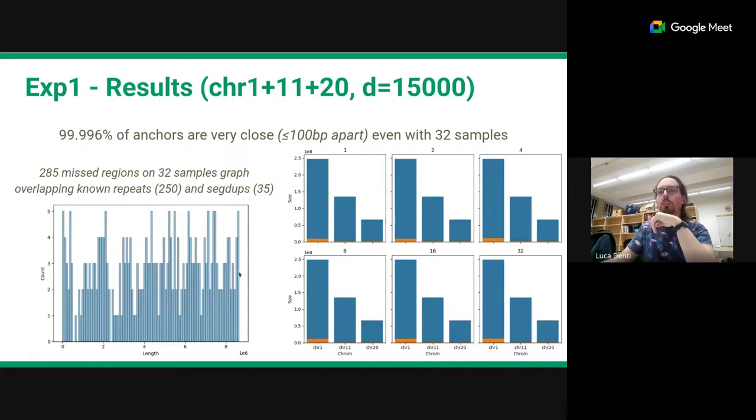Some of them are quite big, like 8 million base pairs, so we are missing quite big chunks of the chromosome. But the overall message, I think, is that almost all the genome can be covered by solid anchors. We will miss something, but this is still a work in progress, so we will focus on those regions later. Still, big parts of the genome are covered by solid anchors.